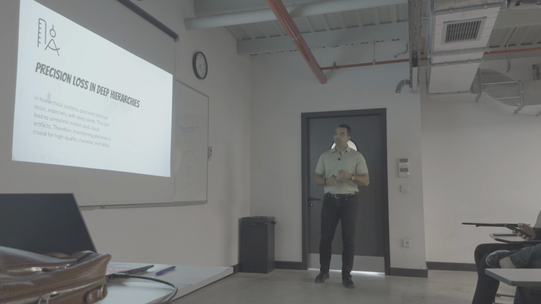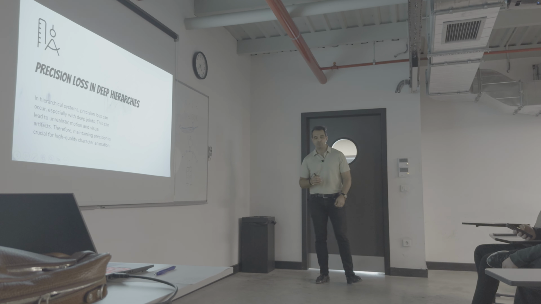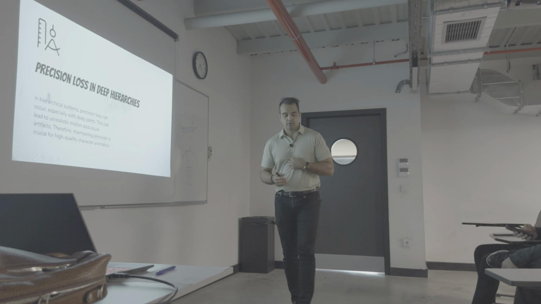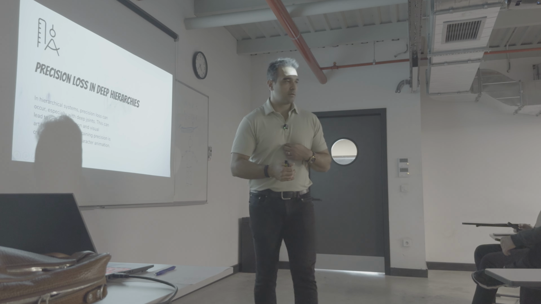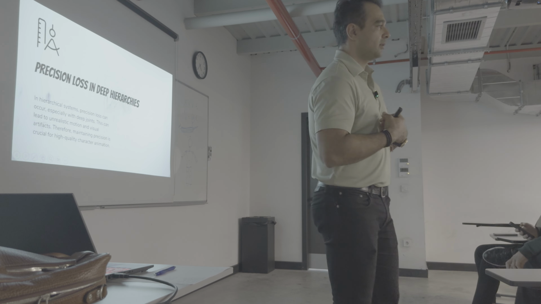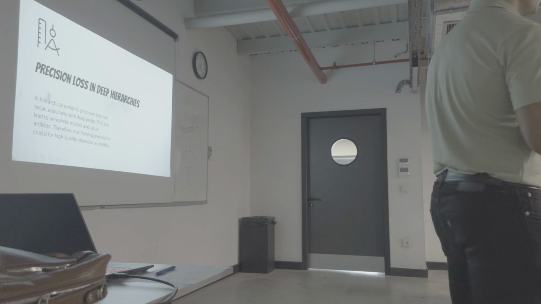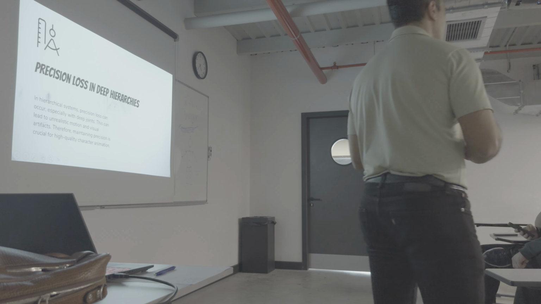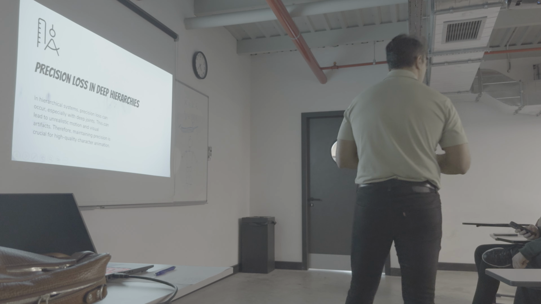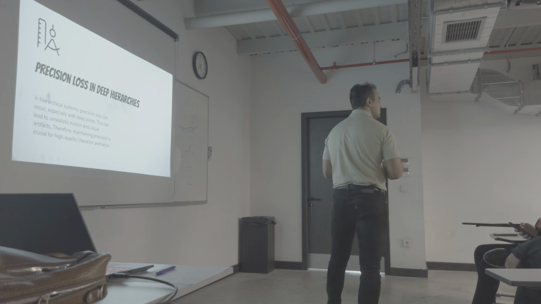And also the precision loss in deep hierarchies. What is that? For example, if we have deep joints, what are those deep joints? When we come to the spine, we have joints, but those joints are inside of our body. Can we control our spine?